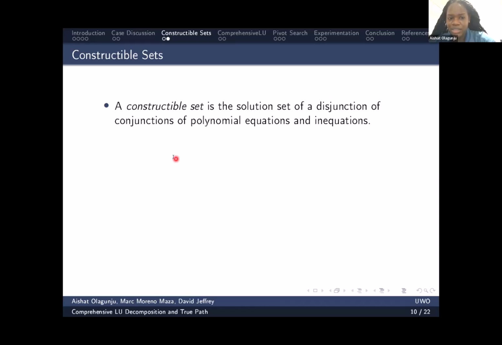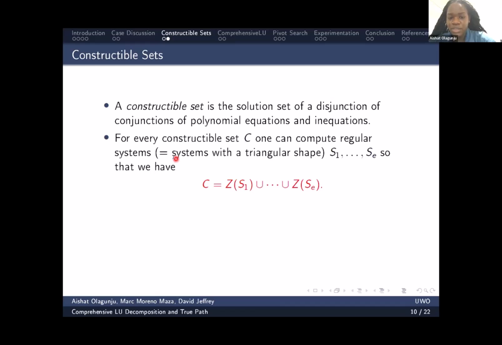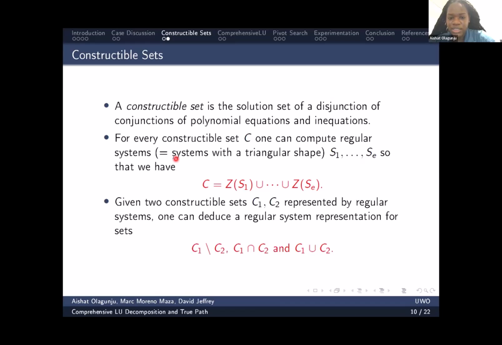What that simply means is, for every constructible set C, you can compute regular systems, that is, systems with a triangular shape, so that your constructible set is actually the union of the zero sets of your regular systems. And given two constructible sets C1 and C2, you can deduce a regular system representation for their difference, their intersection, and their union. Switching over to the worksheet.